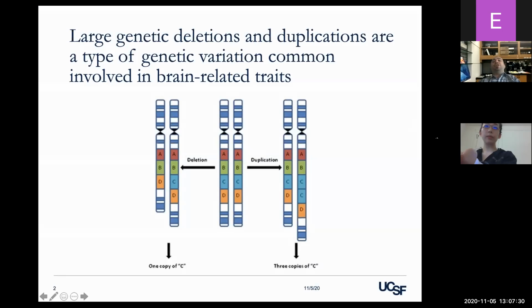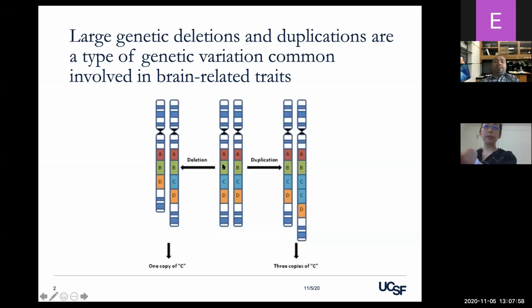So the general biology that I'm going to be talking about is copy number variation, right? So in most cases, for every gene, we have two copies, one from the mother and one from the father. And sometimes, like in all of biology, there are exceptions to these rules.